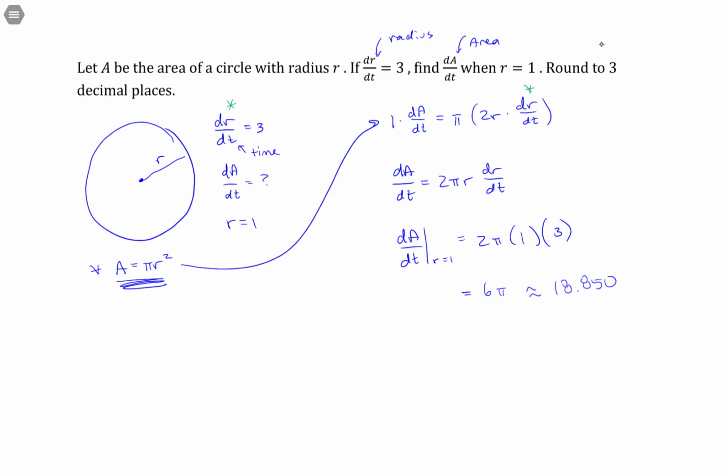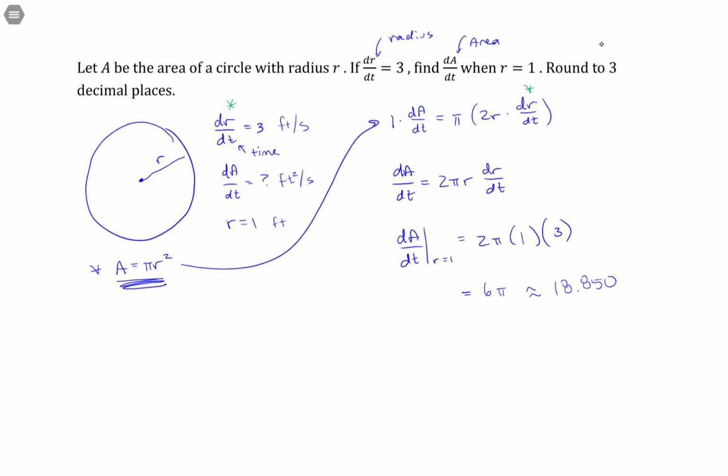So if you think about the rate of change of area with respect to time, we weren't told what units of measure were really being used in this particular problem, but let's say that the radius is measured in, let's say, feet, and time is measured in seconds. So dr/dt is measured in feet per second. dA/dt is square feet per second.